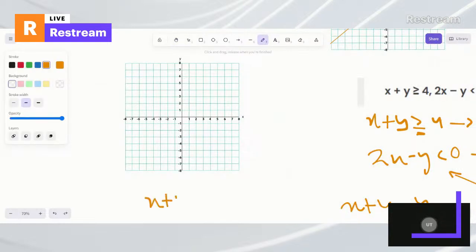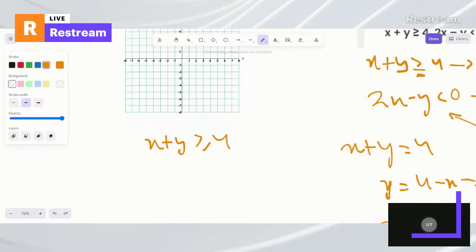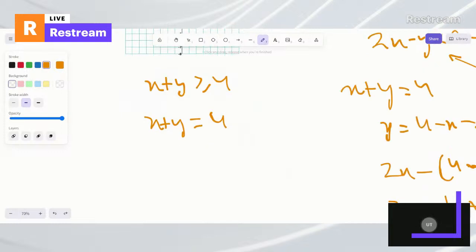If x plus y is greater than or equal to 4, let's take x plus y equals 4. If y is equal to 0, then the value of x would be, I place 0 instead of y, and I get x equals 4.